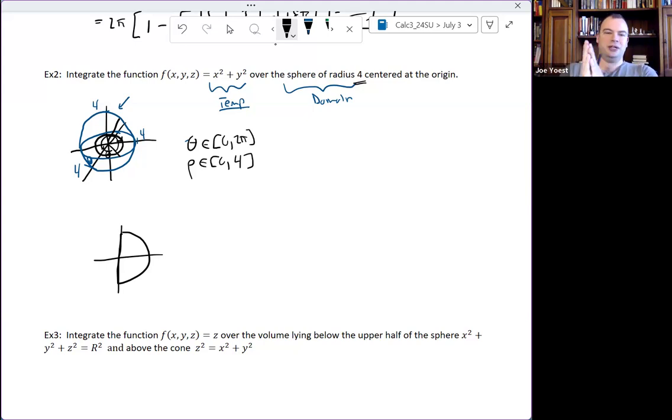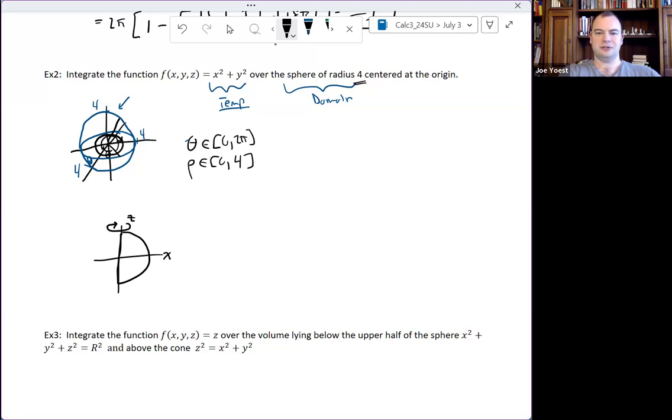So it's all folded in on itself like a half circle. And then if you rotate this 360 degrees, 2 pi radians all the way around the z-axis, that's going to trace out the entire sphere.